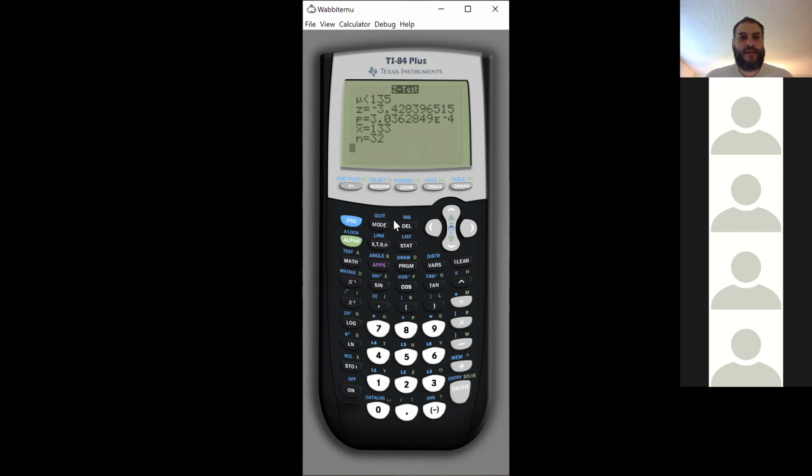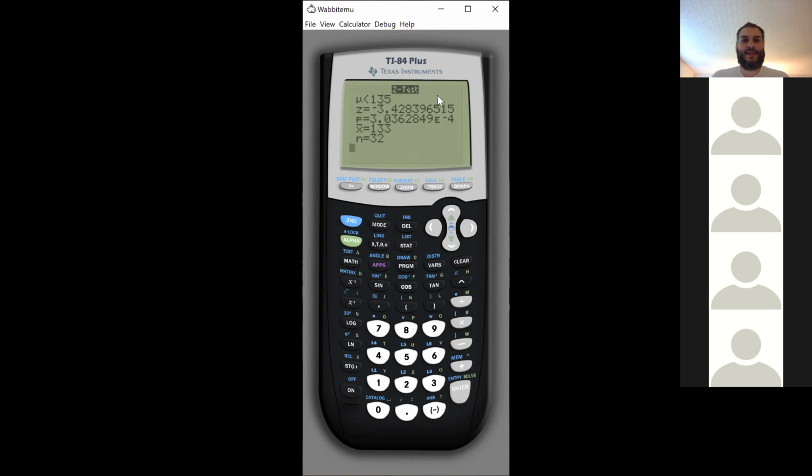All right, so if you look at the z value, we got negative 3.428, which is exactly what we got, negative 3.43. If you look at the p-value, you actually get 3.03. So right from the get-go, that should look kind of fishy. You shouldn't put your answer as 3.03, because that will be absolutely wrong. You do want to adjust it, because this is in scientific notation.